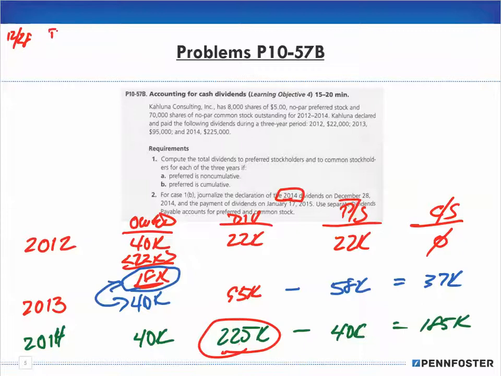So that's going to affect our retained earnings. So I'm going to debit retained earnings for the $225,000, and I'm going to credit, all right?